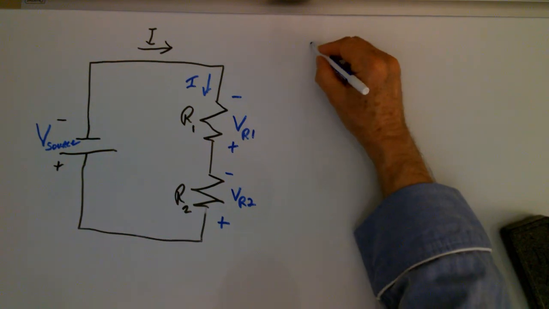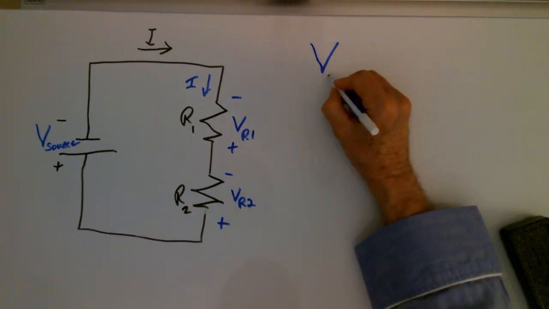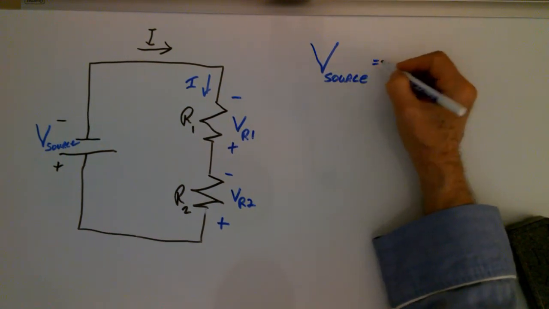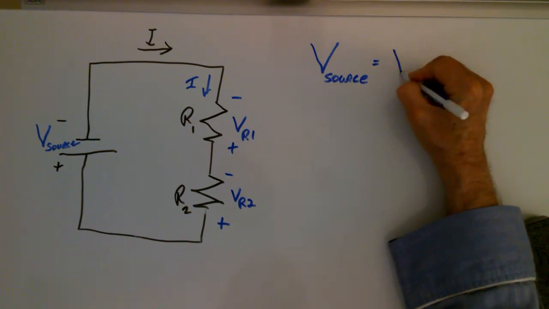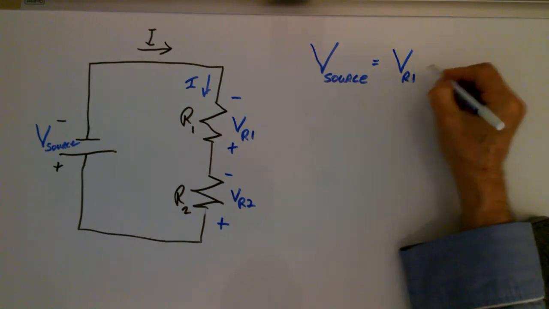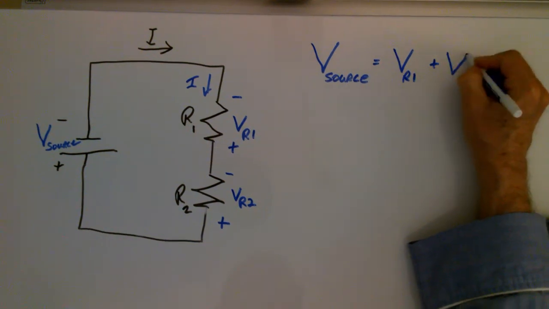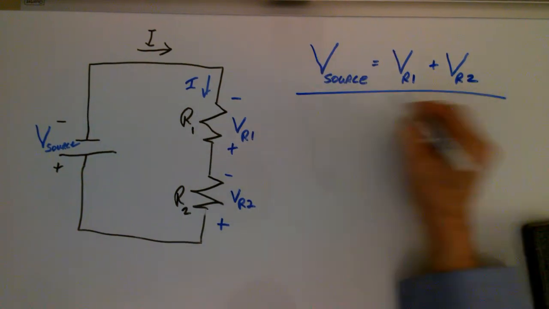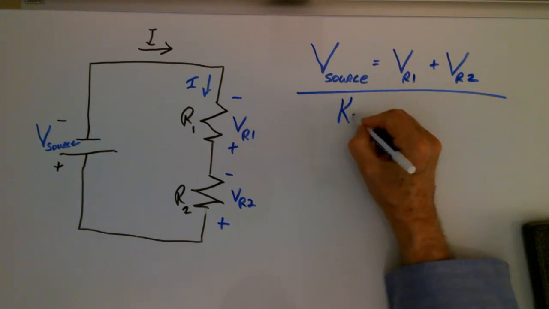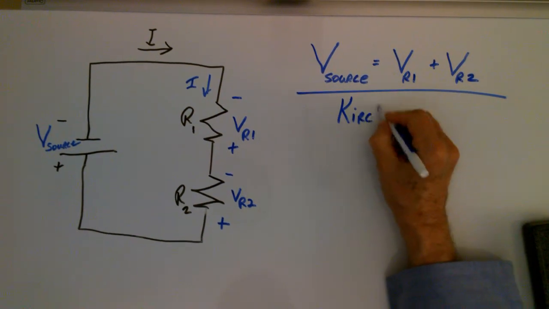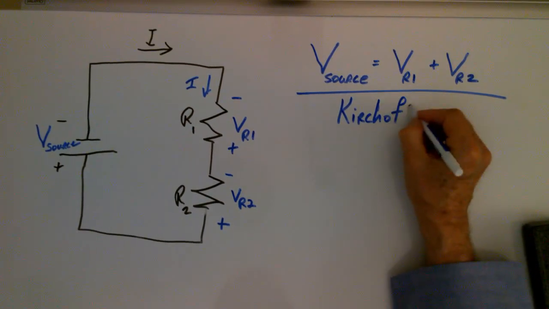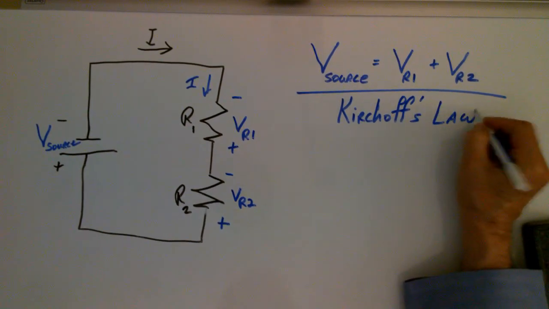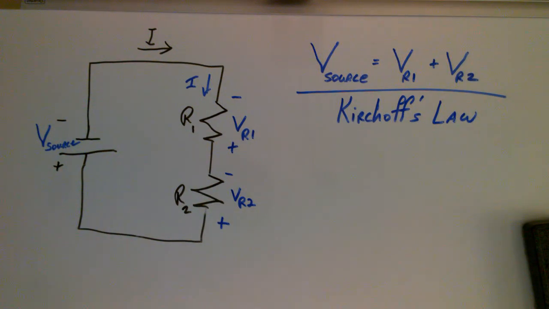We would find that the voltage source would be equal to the sum of the voltage drops. And this is Kirchhoff's law.